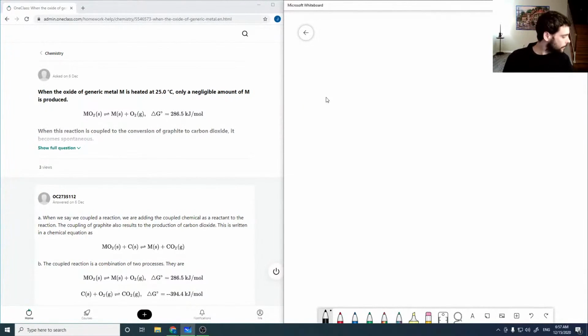Okay, so when the oxide of a generic metal is heated at 25 degrees Celsius, only a negligible amount of M is produced. So, just rewriting this reaction here for our own purposes.